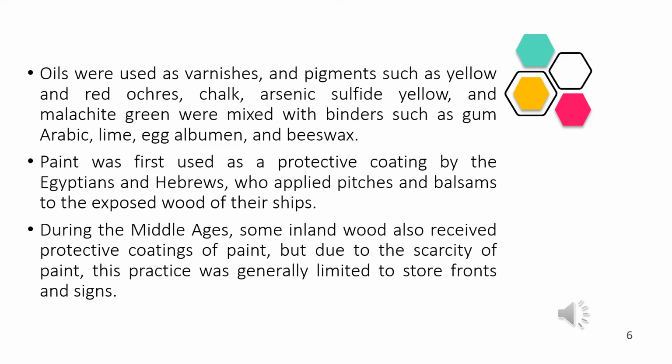So, the oils were used as varnishes and pigments, for example yellow and red ochres, chalk, arsenic sulfide yellow and malachite green. These pigments were mixed with binders such as gum arabic, lime, egg albumin and beeswax.